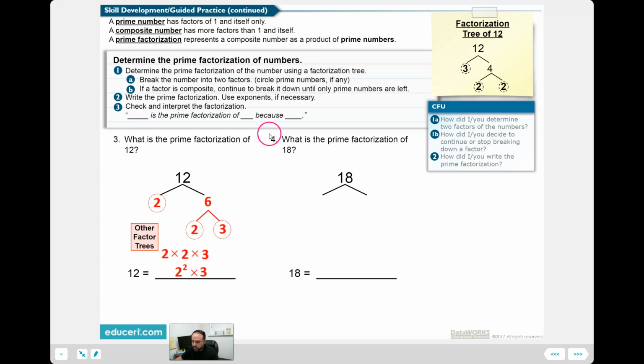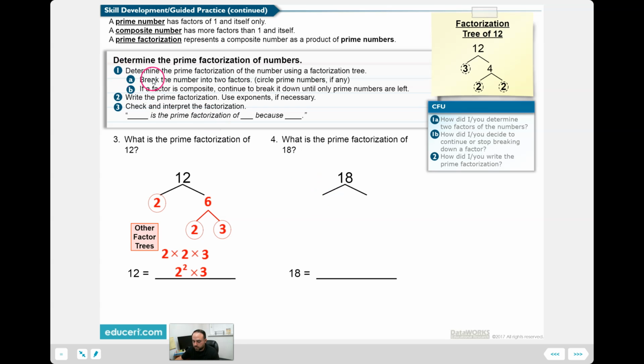Problem number 4. Ready, read. Read step number 1. Ready, read. "18 is given to you with the first 2 branches of the factorization tree. Read step 1a.